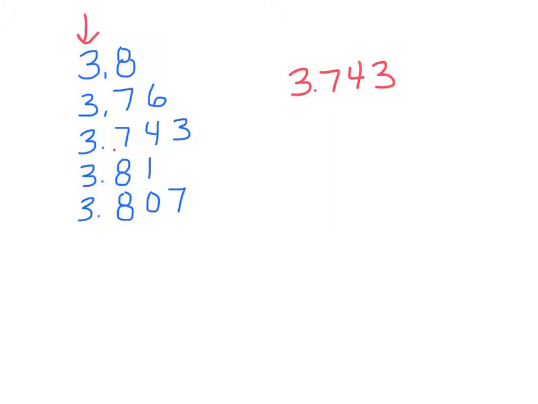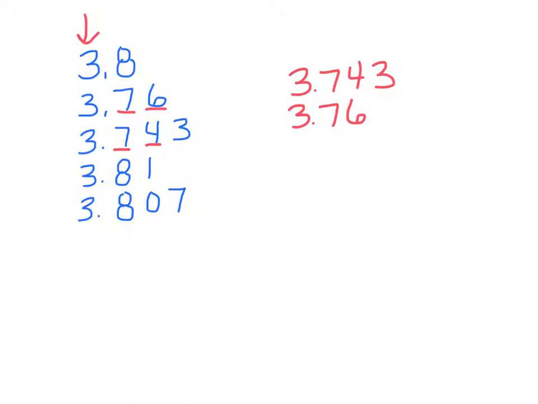There are 2 numbers that have a 7 in the tenths place. And since they have a 7 in the tenths place, now I have to compare what number they have in the hundredths place. The 3.743 has a 4 in the hundredths, while the other one has a 6. So that is the smallest number. The next smallest number is the 3.76.